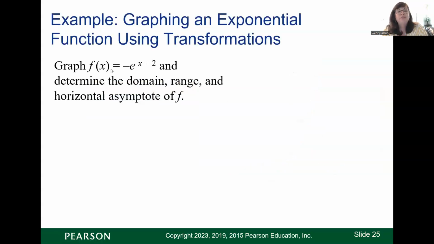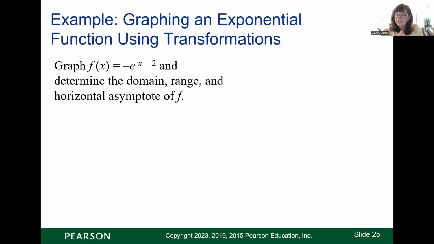And you can also pick it up and transform it. So if I took the regular graph of f(x) equals e to the x, the basic one would be e to the x. This negative in front of it, that's when you flip it over the x-axis. That's a reflection over the x-axis. The +2 up here with the x, this is where it goes horizontal, the opposite of what you think.